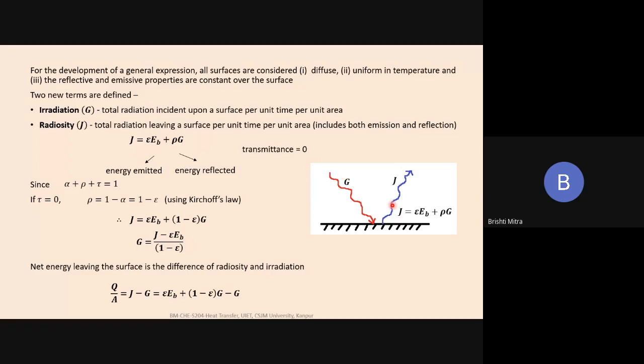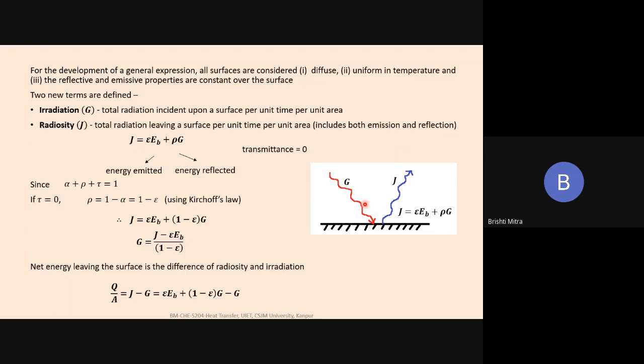And radiosity is the total radiation leaving a surface per unit area per unit time. So the total radiation that is leaving a surface, denoted by this blue arrow, is known as radiosity. Now, radiosity can include both the emission and the reflection. What is reflection?